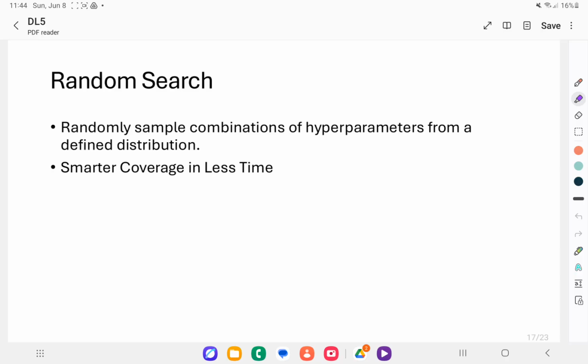Random search has been shown to be more efficient than grid search. It finds good configurations faster, and it covers the space better with even fewer trials.